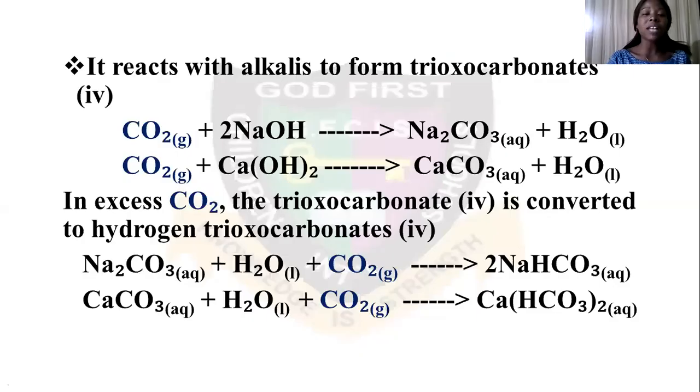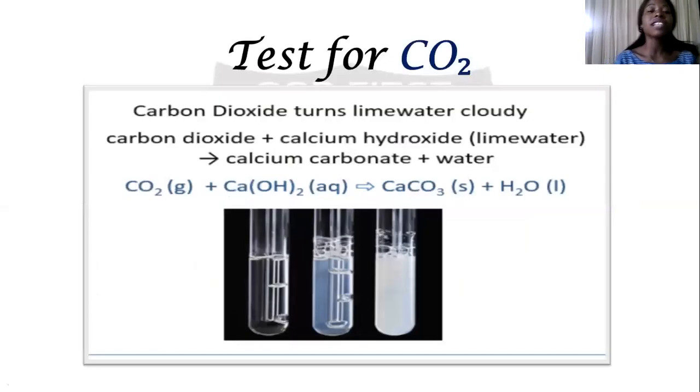So next thing we are looking at is the test for CO2. Now, let's go back to this equation. This reaction between carbon(IV) oxide and calcium hydroxide is a very important reaction which helps to show the presence of carbon(IV) oxide. Carbon dioxide, CO2, turns lime water cloudy. Lime water is calcium hydroxide.